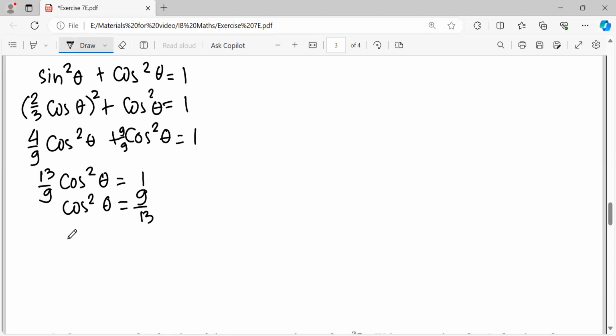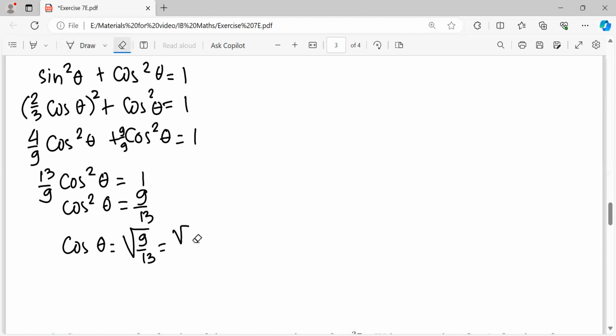So cosine theta equals square root of 9 over 13, which is 3 over square root 13.